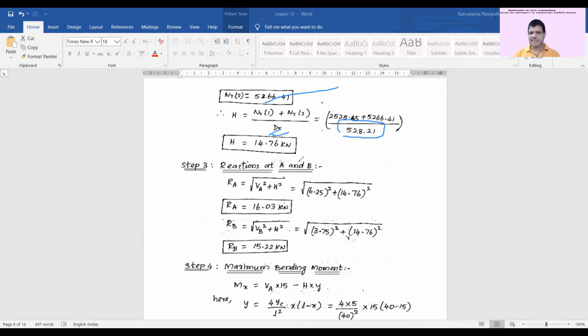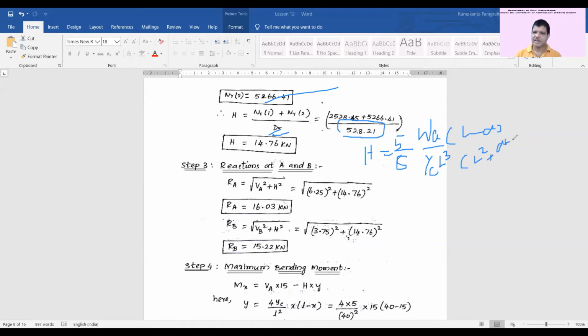Alternatively, you can also find it by using the equation we have used in the earlier problems, that H is equal to 5 by 8 W into A by YC into L square minus A into L square plus AL minus A square.